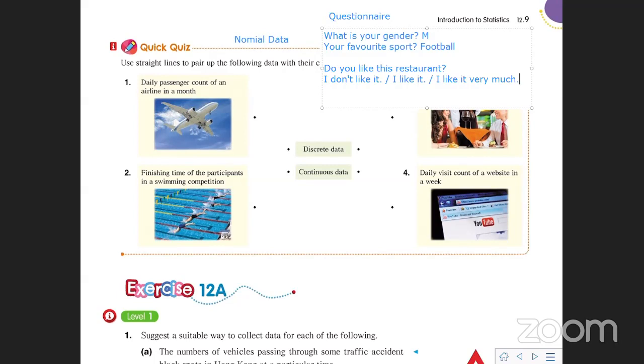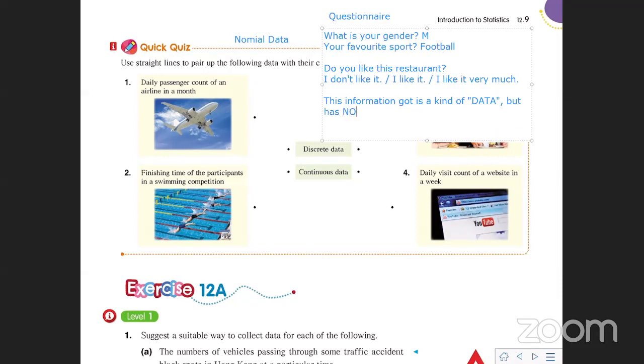But definitely the information you got is a kind of data. But this kind of data has no numerical values.